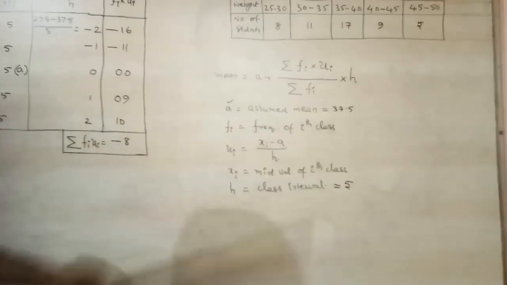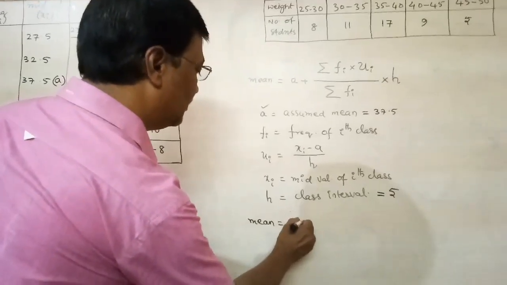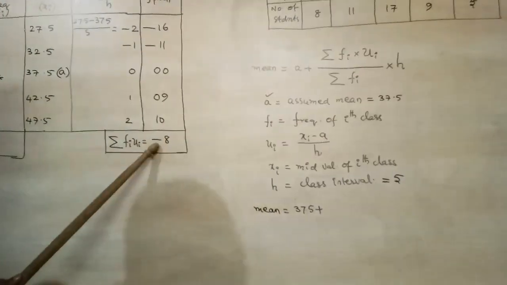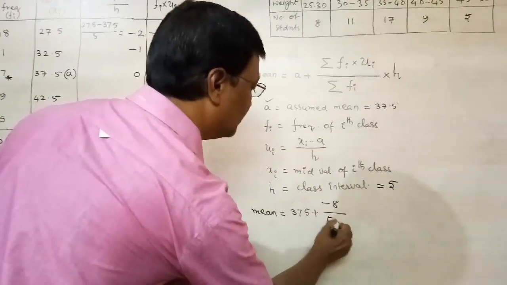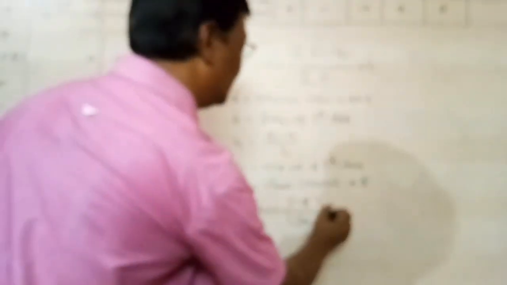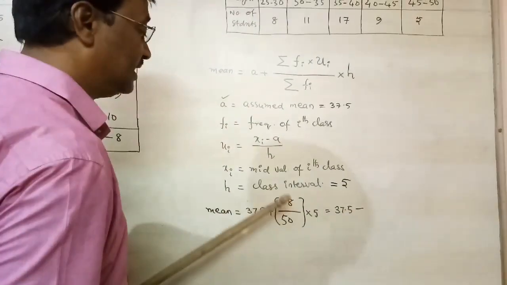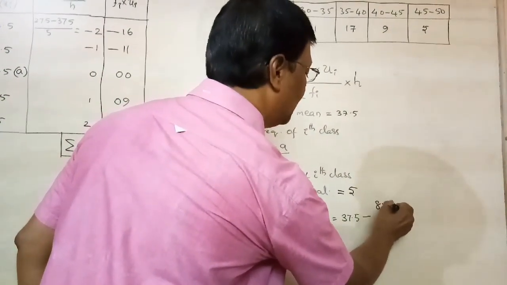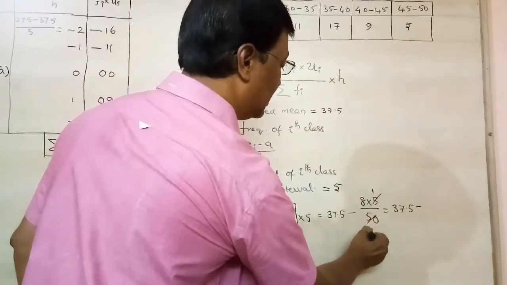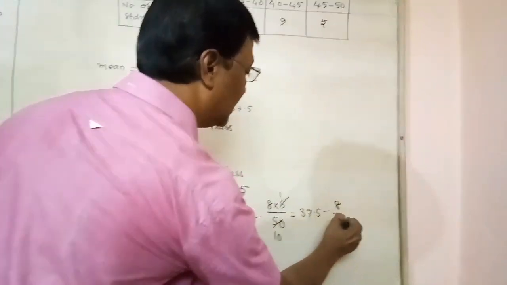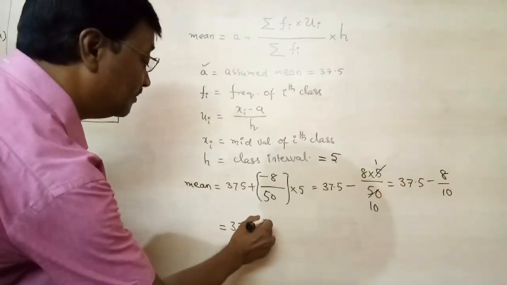Now substitute these values in our formula. Mean is equal to A, that is 37.5, plus sigma fi ui, which is minus 8, by sigma fi, that is 50, into h, which is 5. So 37.5 plus minus 8 into 5 by 50. 8 into 5 by 50 is 8 by 10, which means 0.8.